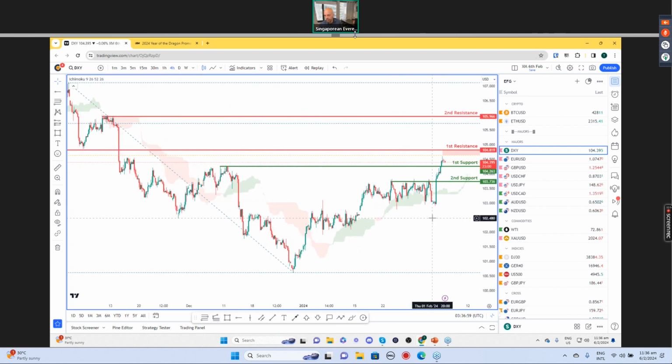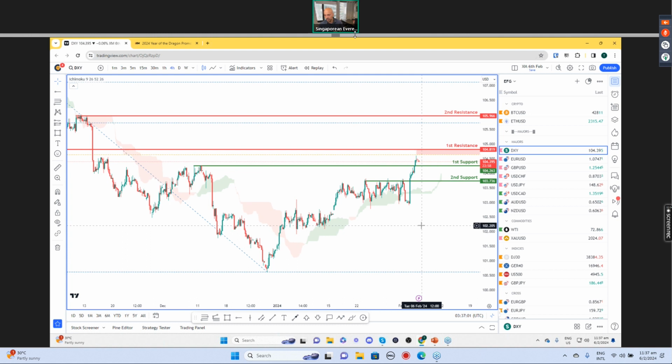Right, so do take note, demand for the dollar has been strong, but it's pulling back as we speak, and it could find support around 104.26. So if you do see price return to 104.26 and reverse higher, it may give us a decent opportunity to go long on the dollar index again. If you do go long and price reverses off 104.26, we would be looking to identify a potential take profit around this resistance zone.